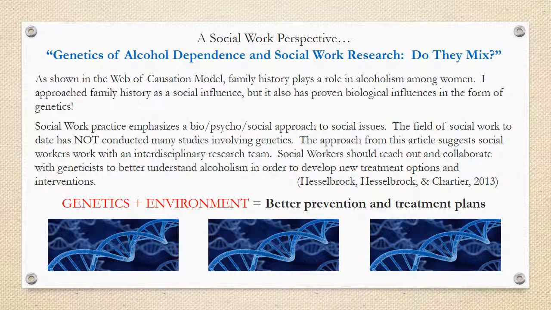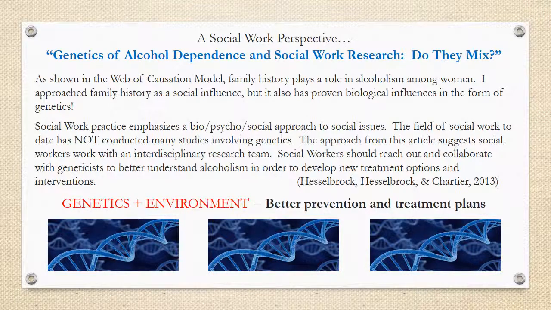I approached family history as a social influence, but it's also been proven as a biological influence in the form of genetics. I didn't approach this in my web of causation conceptual model because I found genetics very hard to understand, which will lead me to what this article had to say about social work practice.